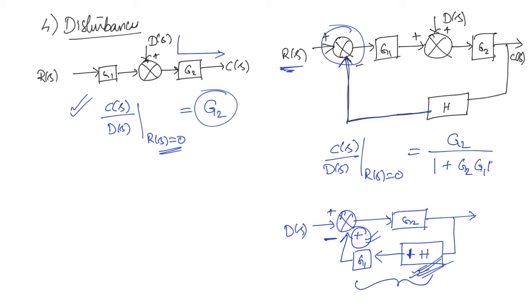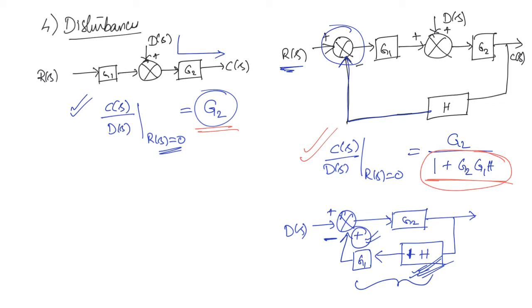So G1 into H. This will be the transfer function due to the disturbance input. So if you compare this and this, you can easily see that this transfer function is reduced by a factor of 1 plus G2 G1 into H.